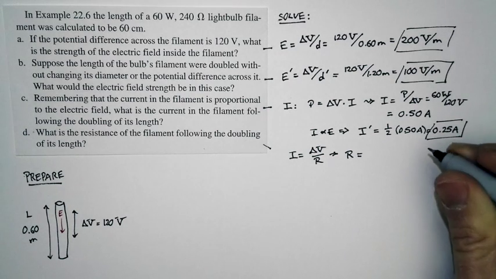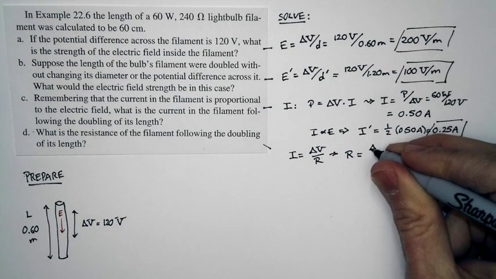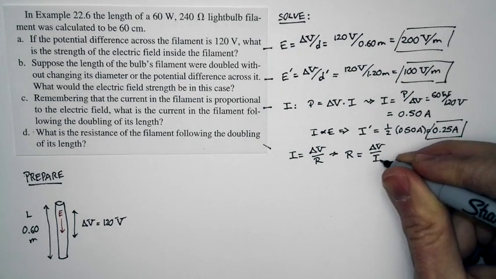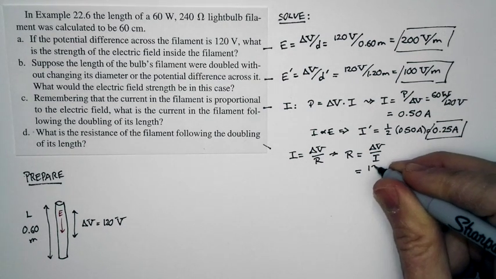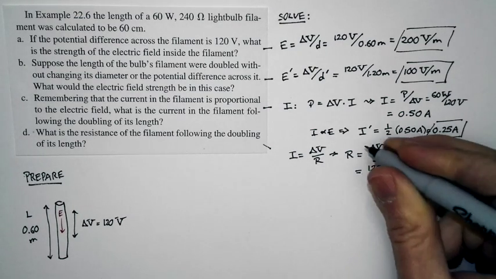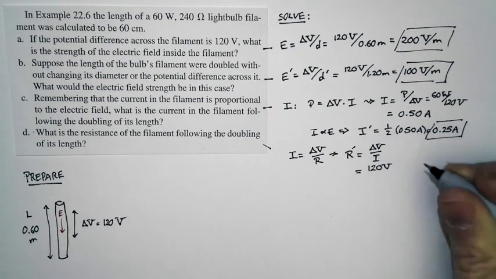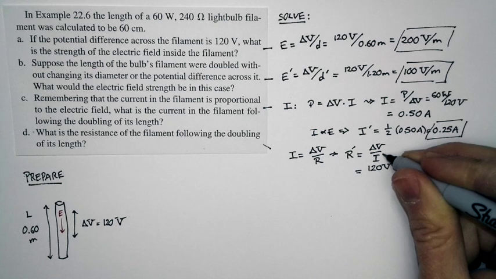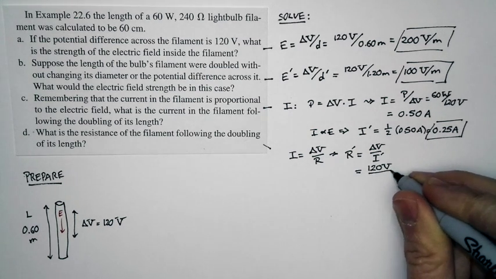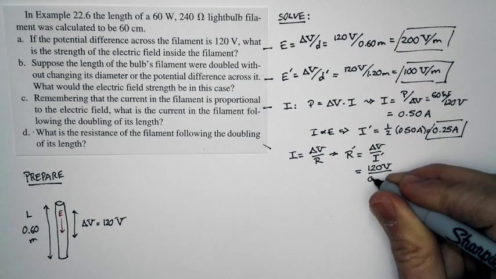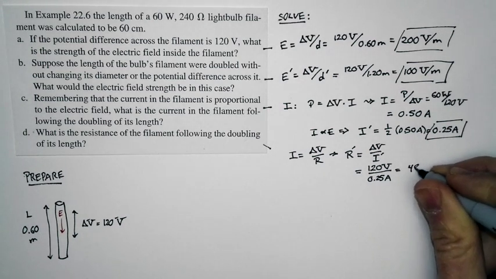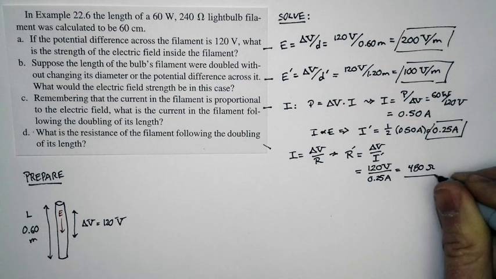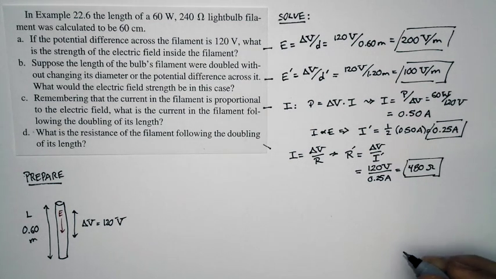The resistance of the filament is just equal to delta V divided by I. So the new resistance is equal to the same potential divided by the new current, 120 volts divided by the new current of 0.25 amps, and so I end up with 480 ohms. That's what I get for the new resistance.